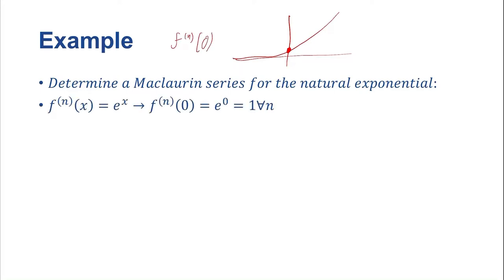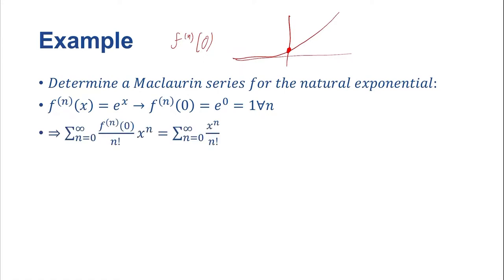Well, we know that if I take any derivative of e to the x, I get e to the x. So any nth derivative of e to the x evaluated at 0 is going to be e to the 0, which is 1. So because I know this, I can now say that any nth derivative of e to the x at 0 is going to be equal to 1.